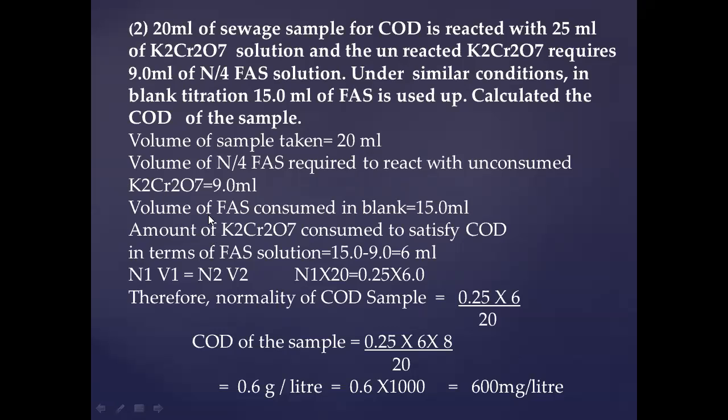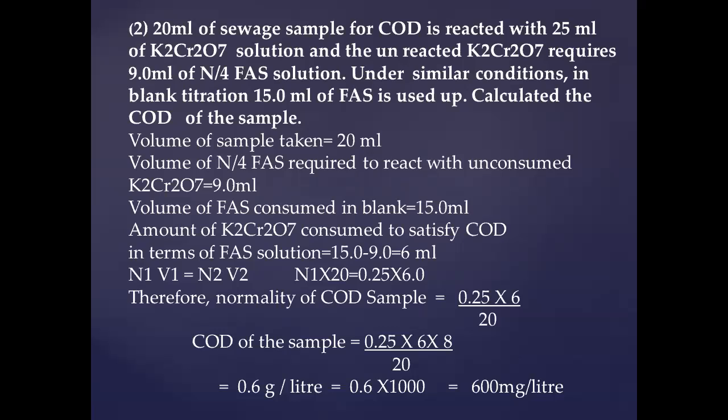Then the volume of FAS consumed in case of blank titration is 15 ml. Then the amount of FAS consumed in terms of COD is equal to the difference between the blank titration and the sample titration, that is 15 minus 9, equal to 6 ml.